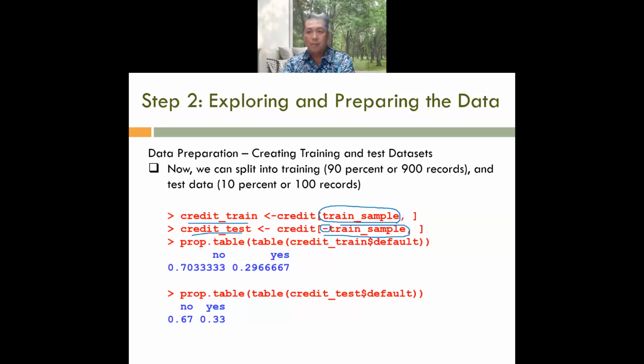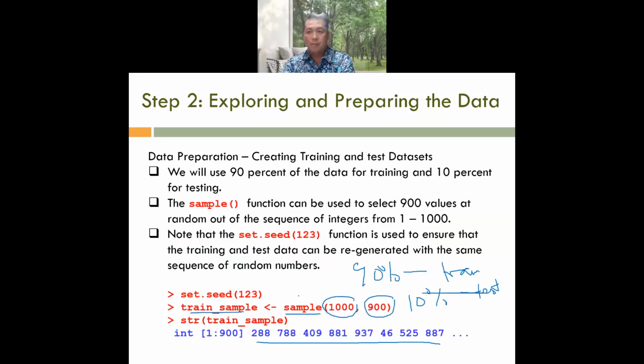If we look at the proportion of the training and also the testing, we still maintain 70-30%. That means our sampling here is good enough.